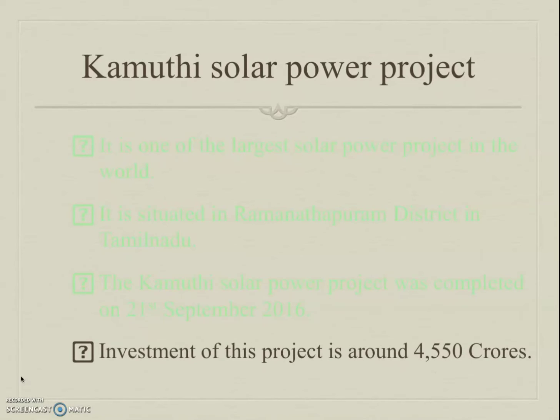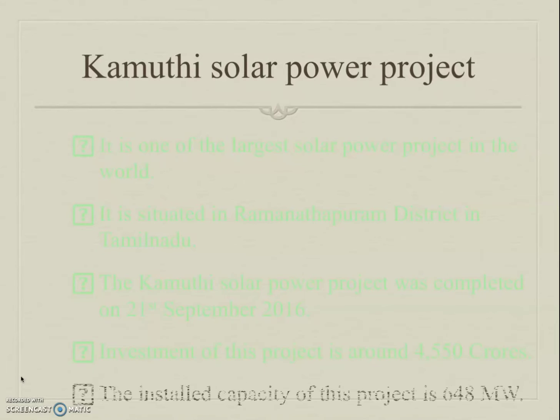The investment in this project is around 4,550 crores, and the installed capacity of this project is 648 megawatt. So this whole project is converting the heat and light energy from the sun and producing electricity. 648 megawatt they are taking out from this.